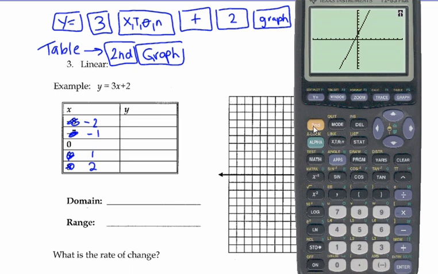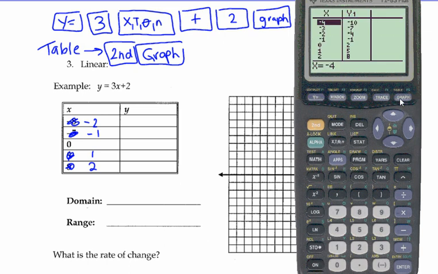Everything to do with graphing are these top buttons. It's either going to be the blue button, or some of yours gray, or these yellow ones, so the second button. Yes, Scott. Yeah, that's true. I'm just trying to keep it simple right now, but if you figured that out, great. Okay, so second graph, there's your table of values.